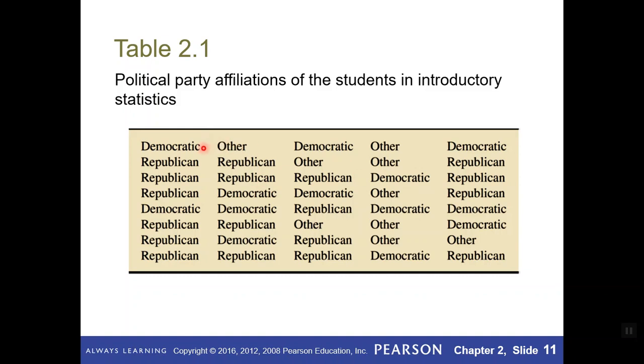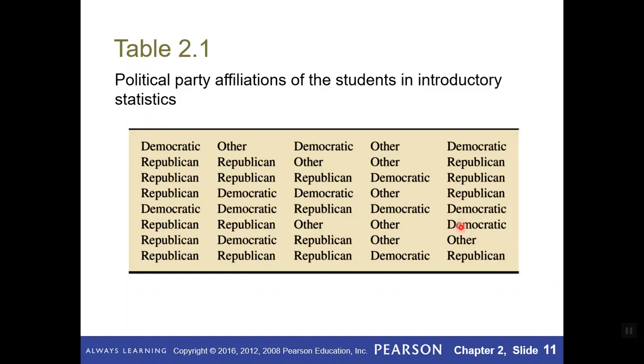So now you have to count how many Democratic are in this picture. You have to count Democratic: 1, 2, 3, 4, 5, 6, 7, 8, 9, 10, 11, 12, 13.